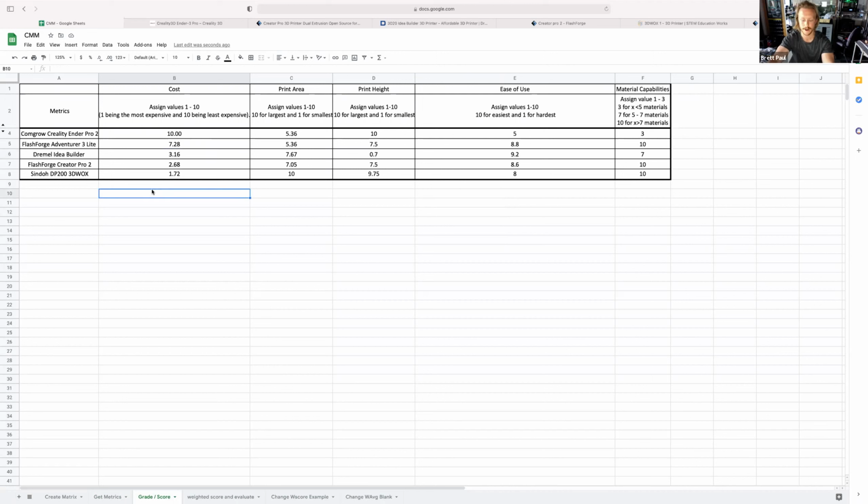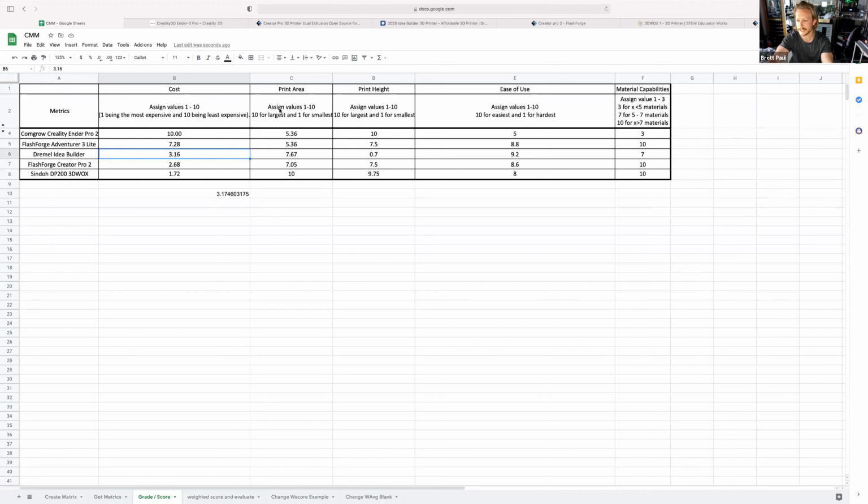So over here, we're going to do 10 divided by 3.15. Yeah, close enough. And we now have a value of 3.16 as our score for cost in this analysis.